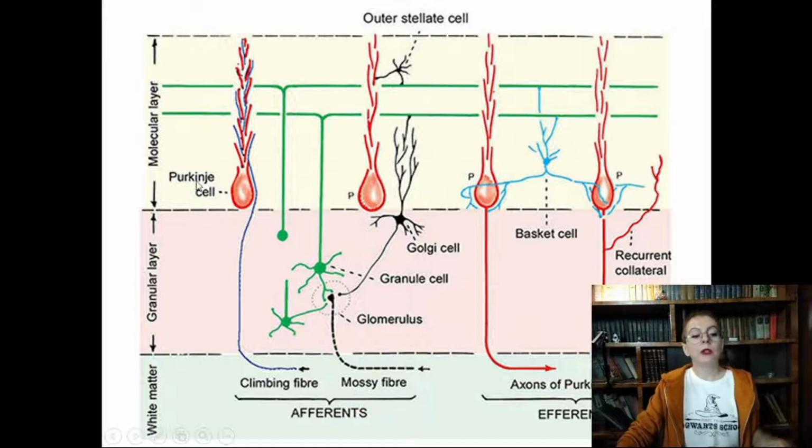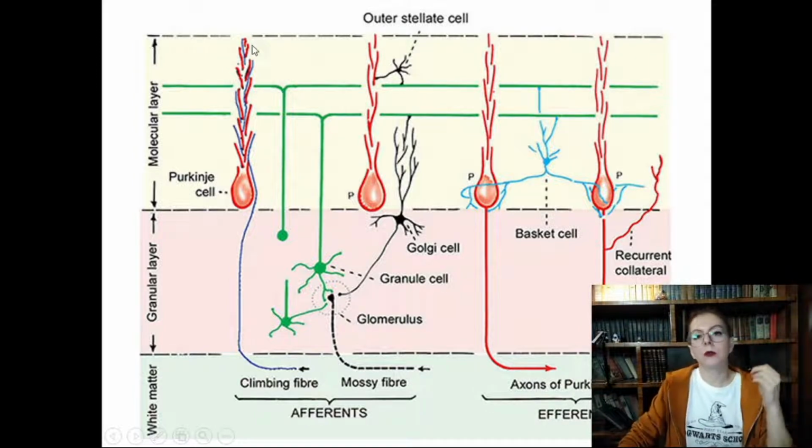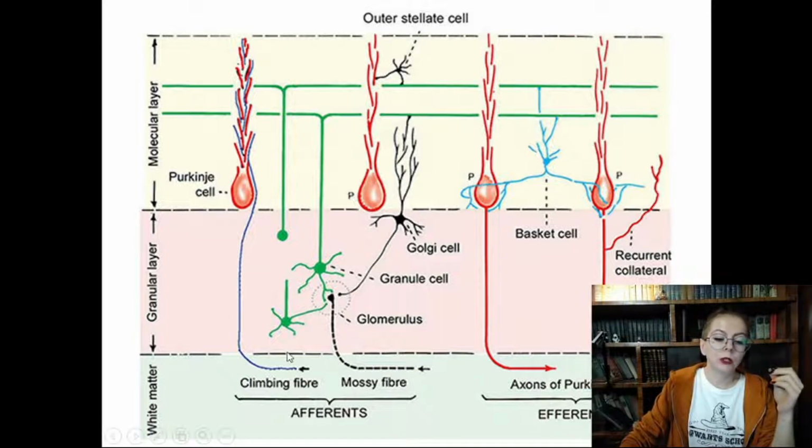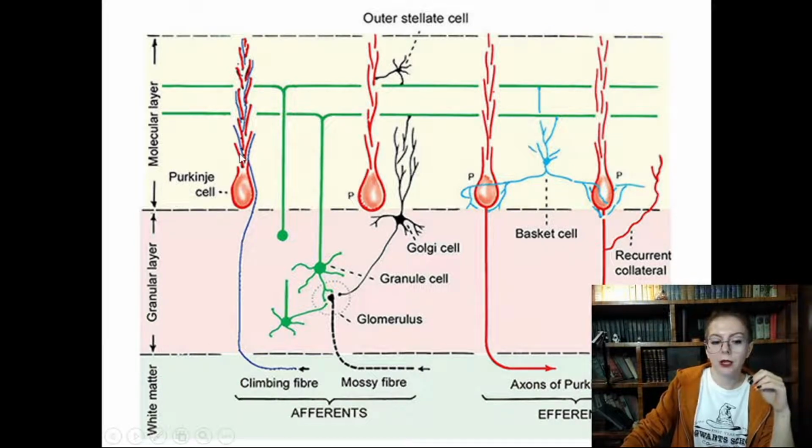Then, what about the climbing fibers? Climbing fibers come to the molecular layer and directly stimulate dendrites of Purkinje cells. So climbing fibers have a strong excitatory effect on a single Purkinje cell, compared with mossy fibers, which have a weak effect on multiple Purkinje cells.